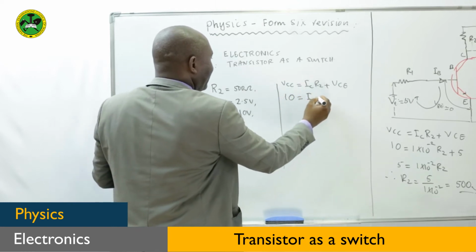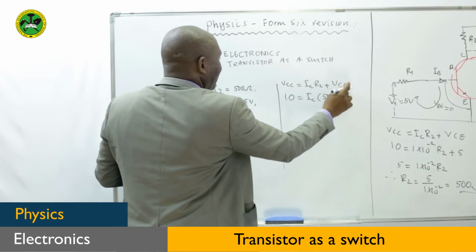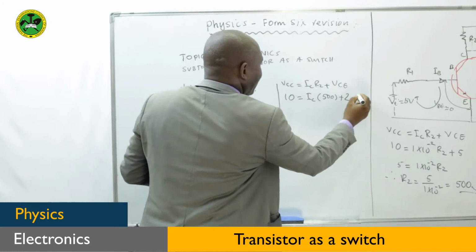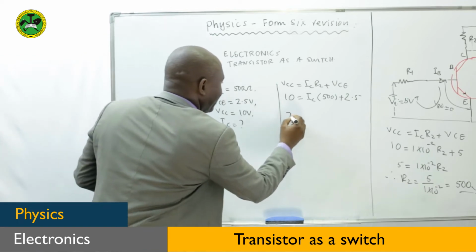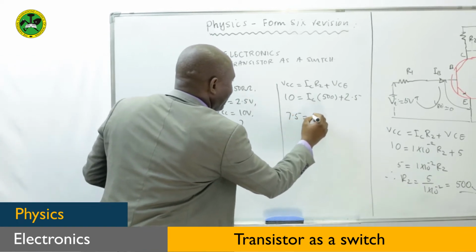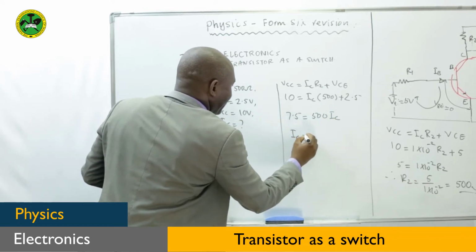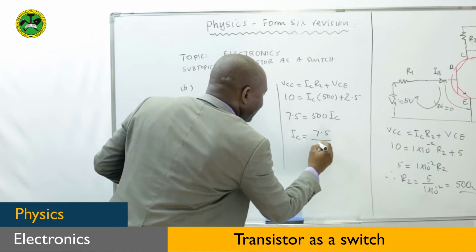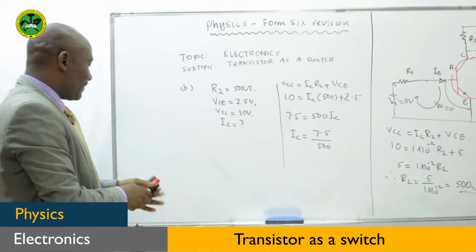IC is not given, but R2 is the same, 500, plus VCE, which is now adjusted to 2.5. 10 minus 2.5 is 7.5, which equals 500 times IC. Now, this gives us the collector current after changing the value of R1, which is 7.5 over 500, using your calculator.